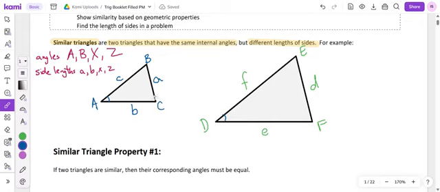Angle C, 2 arcs, is the same as angle F. Angle B, 3 arcs, is the same as angle E. Doesn't matter which one's bigger. You're just saying, hey, if the number of arcs matches, it means those angles are the same. Okay?